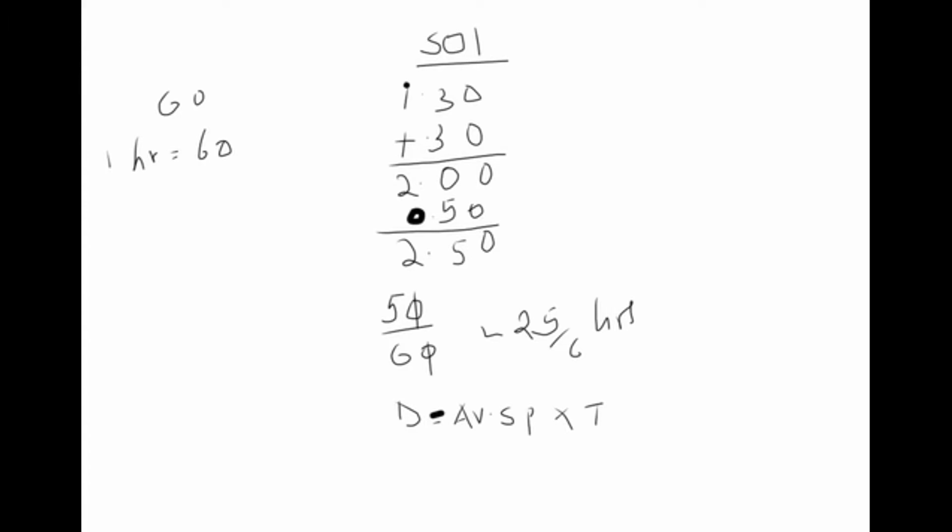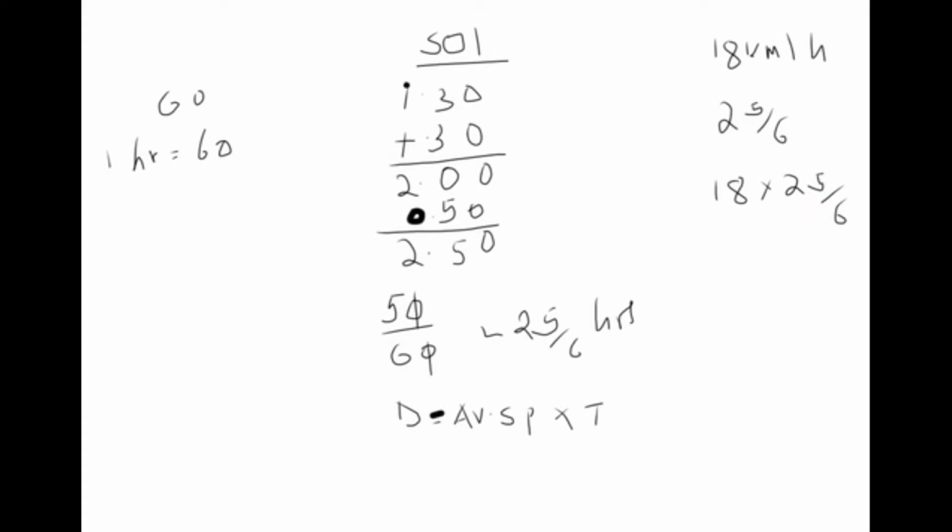Our average speed in our case is 18 kilometers per hour. Our time is 2 and 5 over 6 hours. Therefore, now we multiply 18 times 2 and 5 over 6. We change this to an improper fraction by multiplying 6 times 2, 12 plus 5, we get 17 over 6.